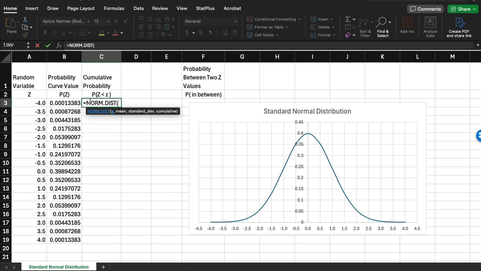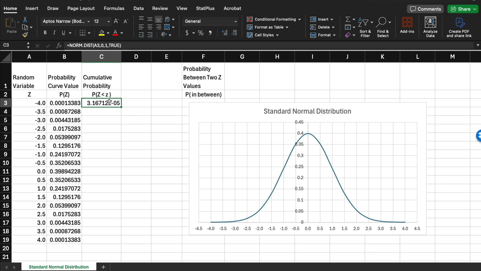So the same thing we're going to type in, except this time instead of saying false, we're going to say true. So norm.dist, parenthesis, A3, comma 0, comma 1, comma true. So now the cumulative is true.